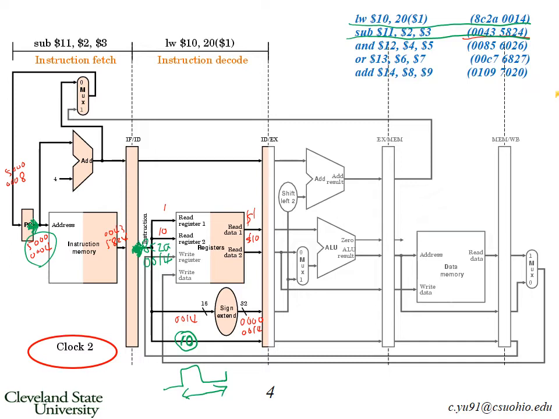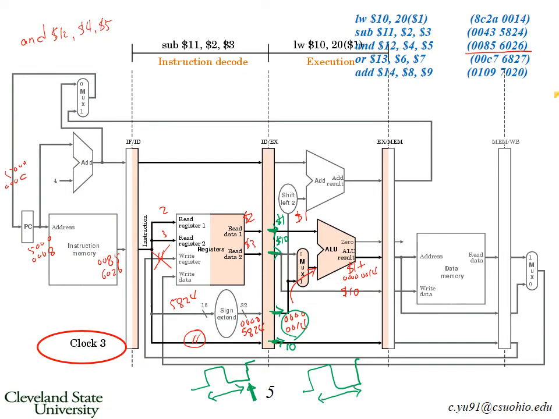And one important thing is that the destination register for load word instruction is 10. But in the ID stage, it's not actually used. So you have to carry it over to the next stage until the load word instruction is in the write back stage. At that time, we need to know the destination register number, which is 10. So we need to carry it over until the write back stage is reached.